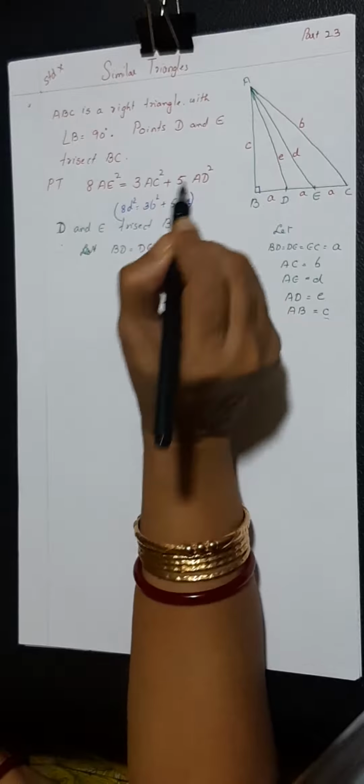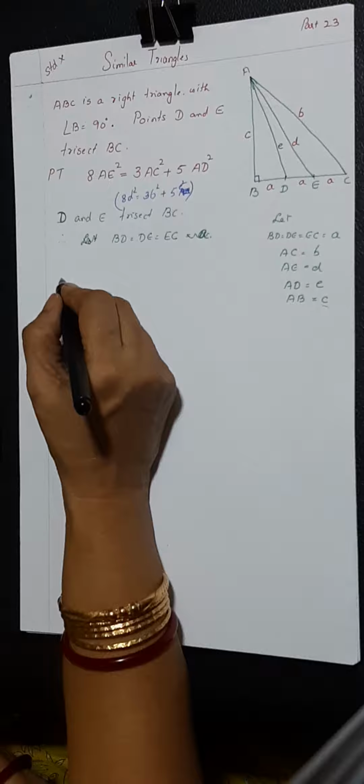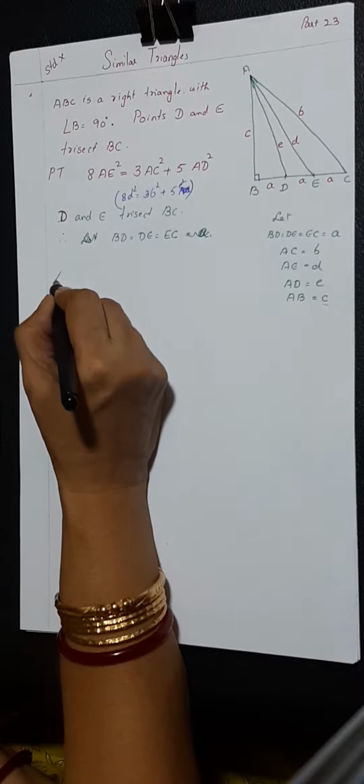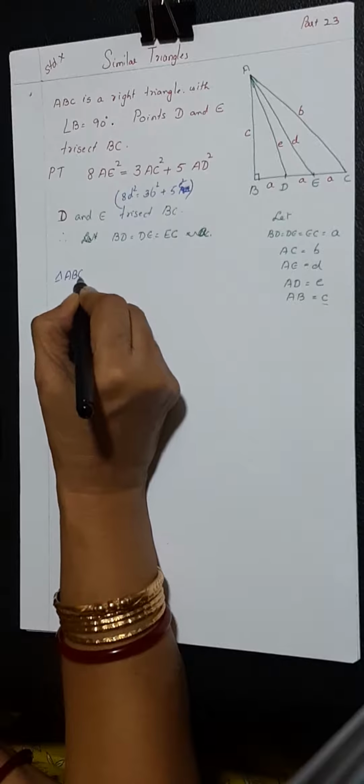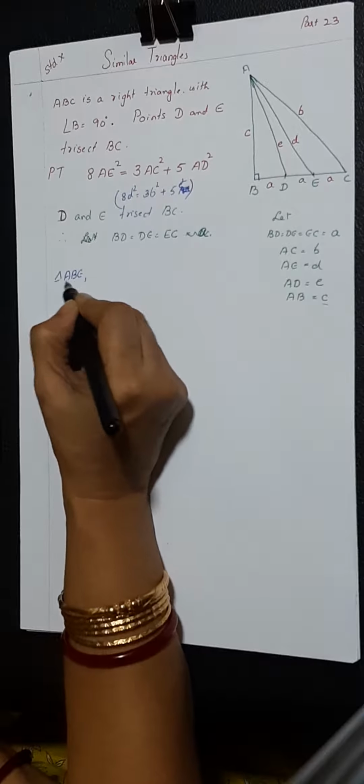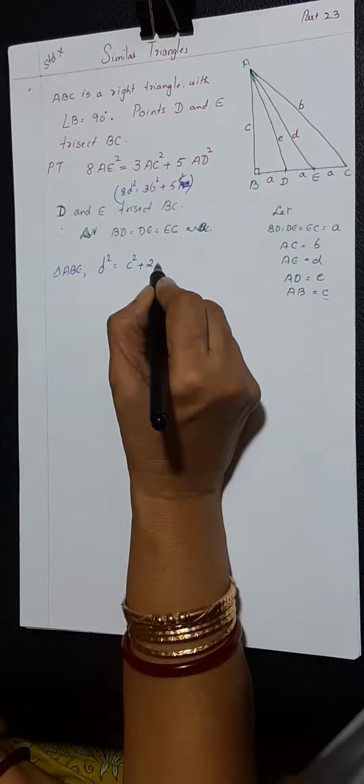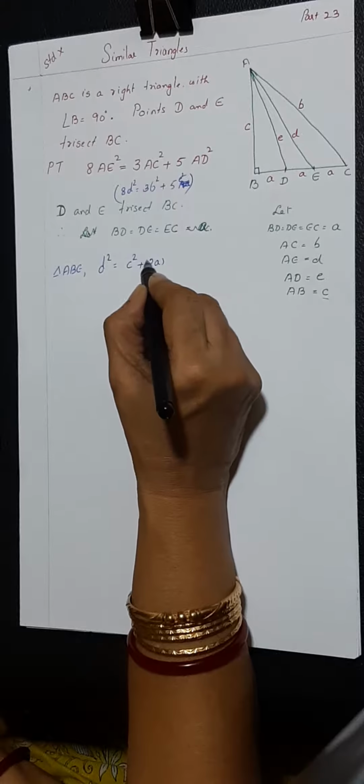Now we will take in triangle ABE, AE squared is equal to BC squared plus 2A the whole squared.